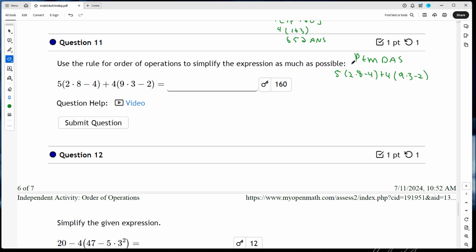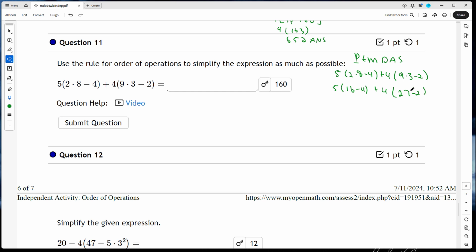Take care of what's in the parentheses for all the operations here. So I have 5 times 2 times 8, which is what, 16? Minus 4. Plus 4. And here I have 9 times 3, which is 27.